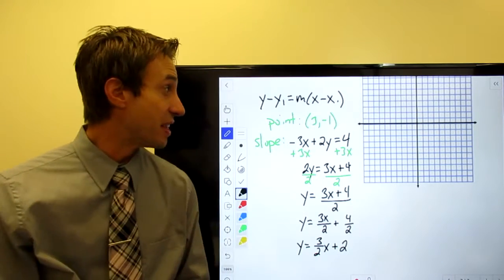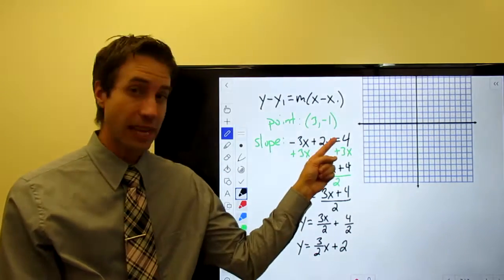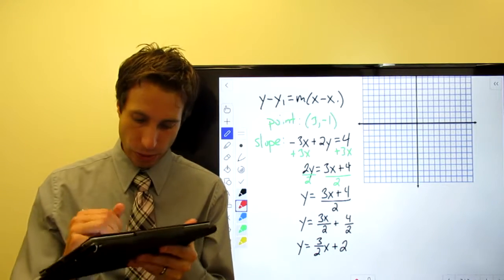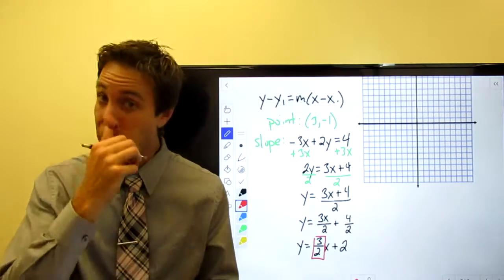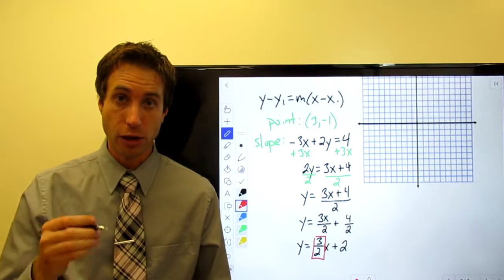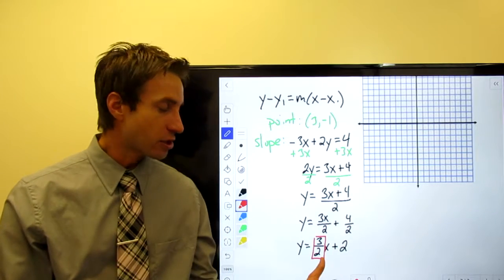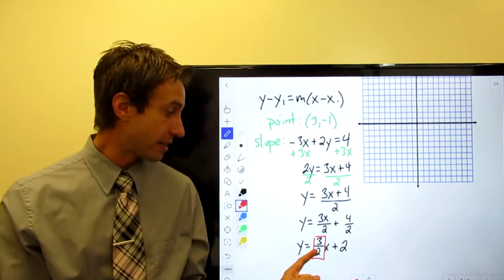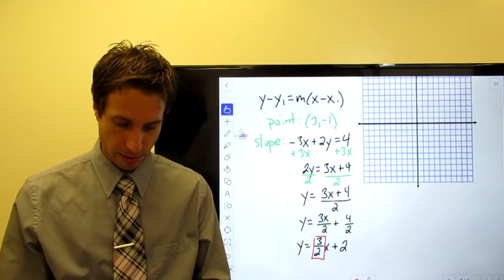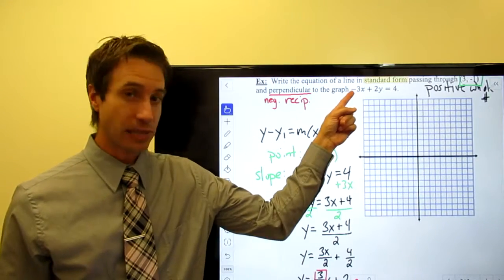Now, guys, remember, this was the line that I was given, which means I needed to find its slope, which I did, but I want a perpendicular line. This is the slope of the line I was given, right there.